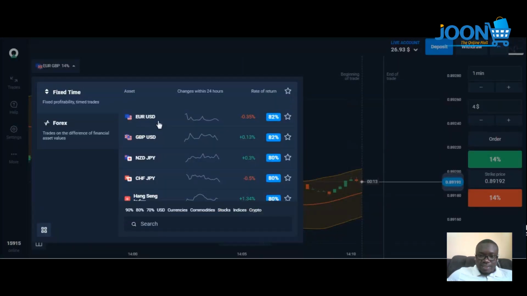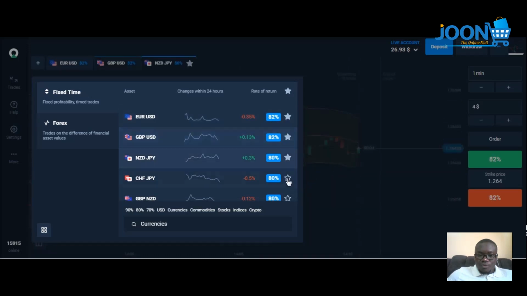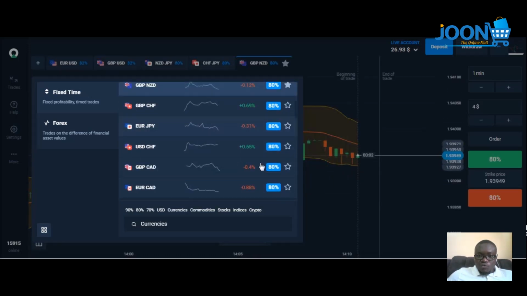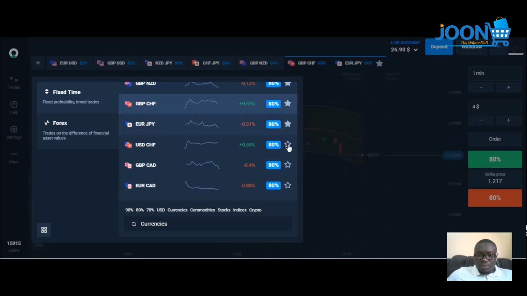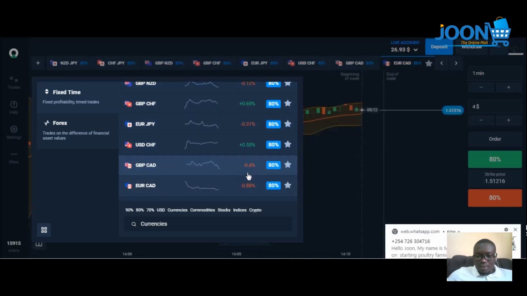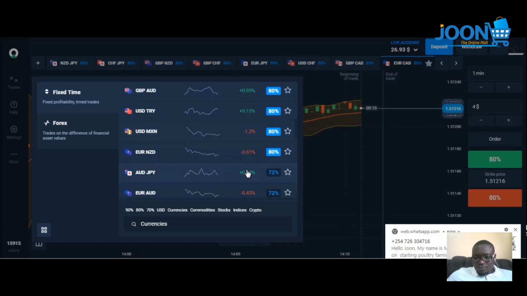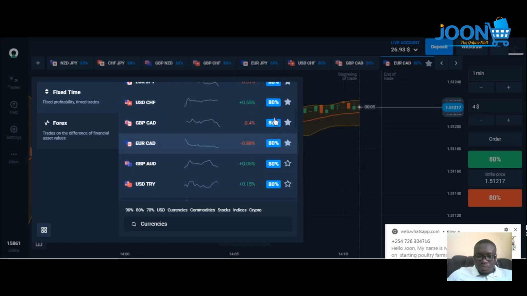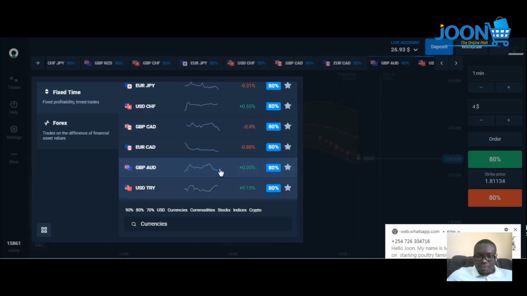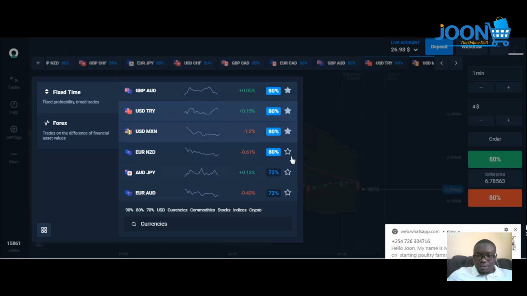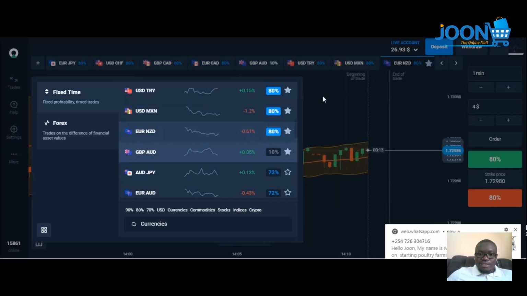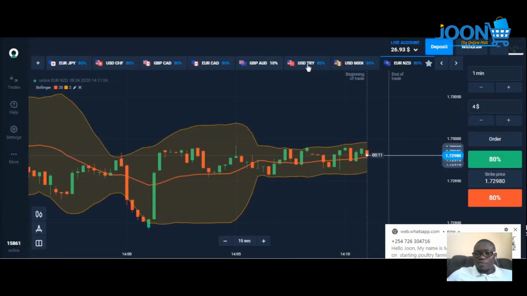So we can just click here and choose currencies that have the highest payout. We want to take as many currencies as possible and use them for this strategy. All the currencies that we've selected will show on top of the chart.